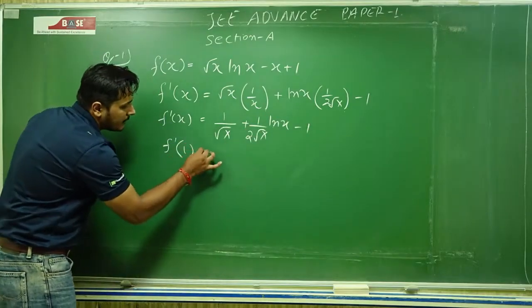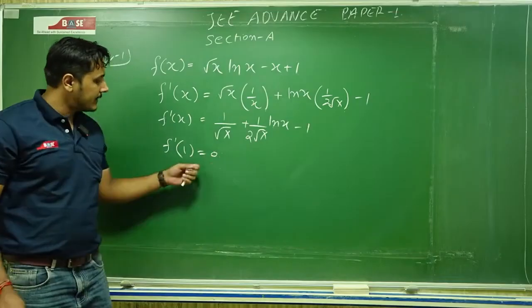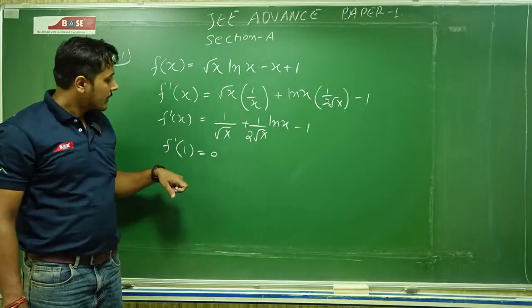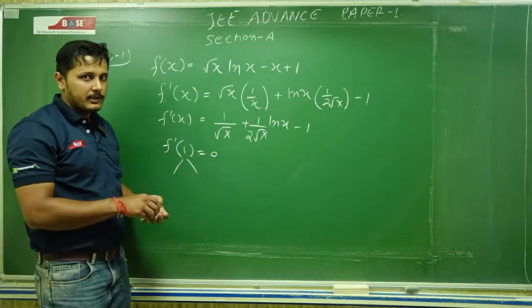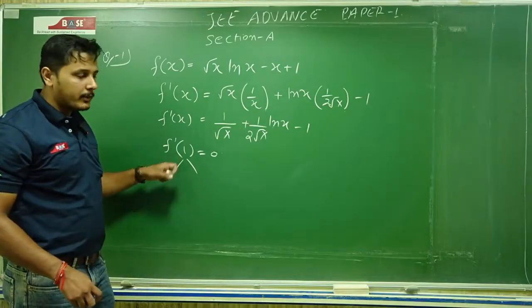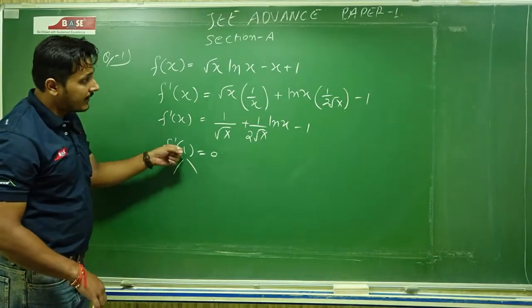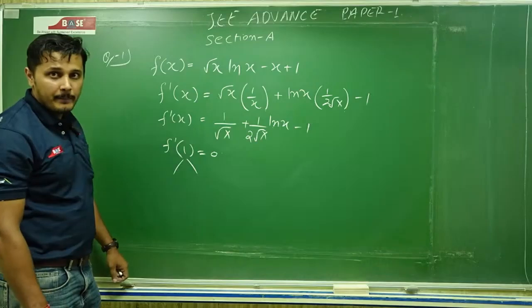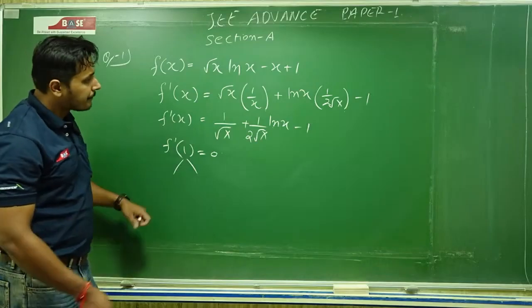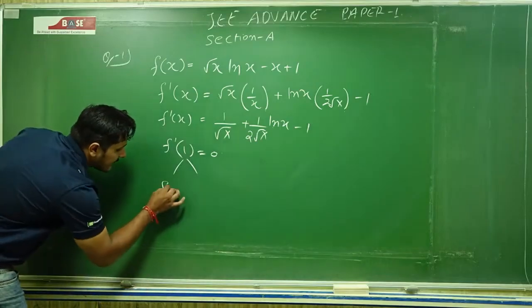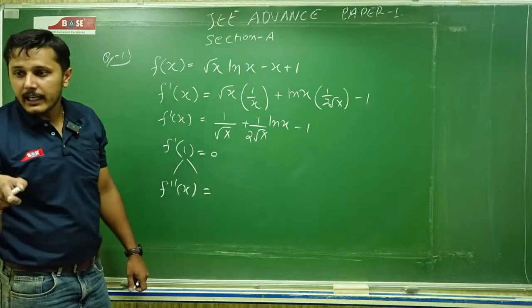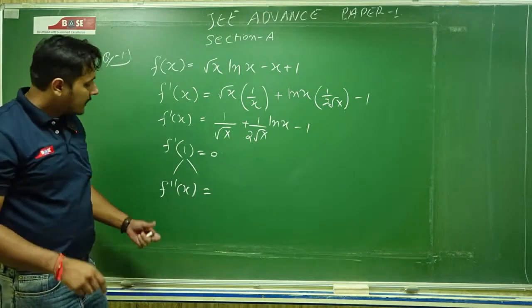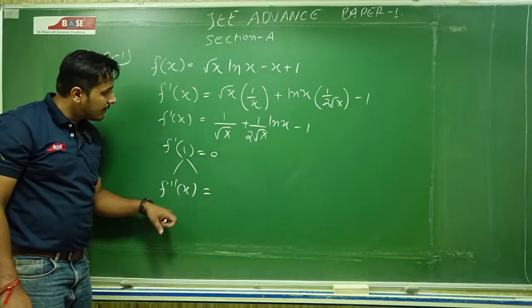So f derivative 1 is equal to 0. Now there are chances that this point may be a minima or maxima, as it is our critical point. Let's check the f double derivative, because the first option is asking about the derivative of the function decreasing, so first we need to find f double derivative.